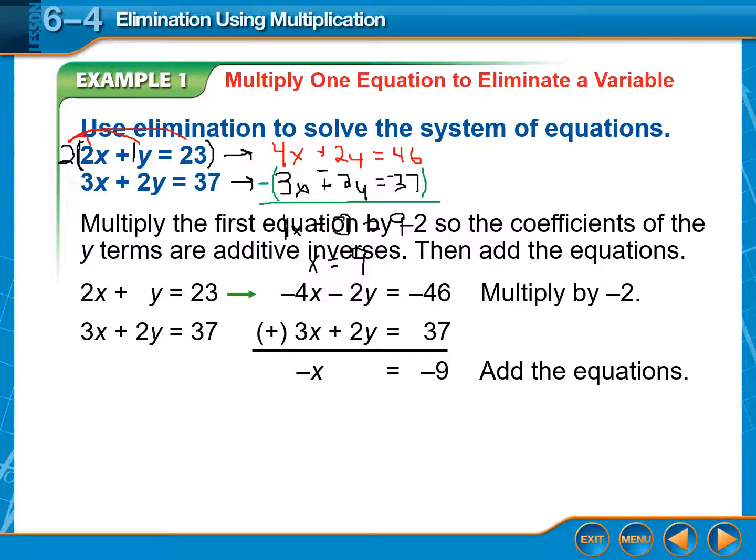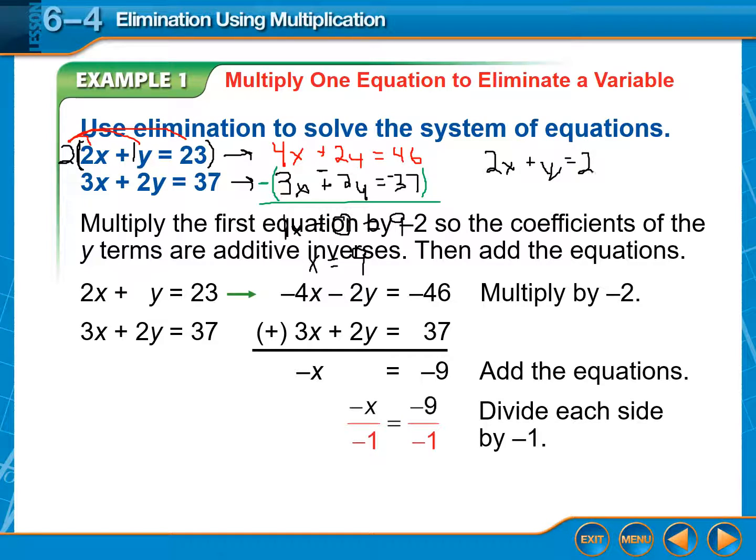Once I know x is 9, I can choose either equation to substitute x back in to figure out what y is going to be. So take the original equation, 2x plus y equals 23. Well, now I know x is 9, so I'm going to change 2 times x to 2 times 9 plus y is equal to 23.